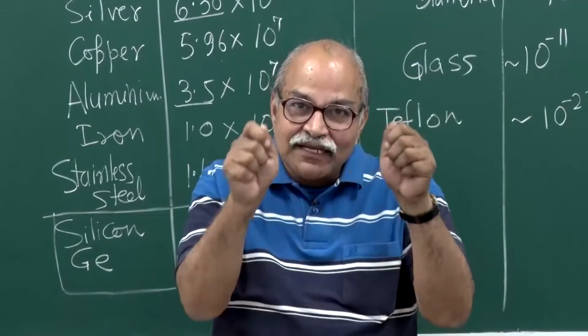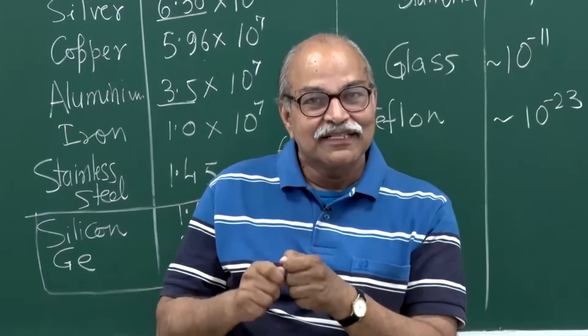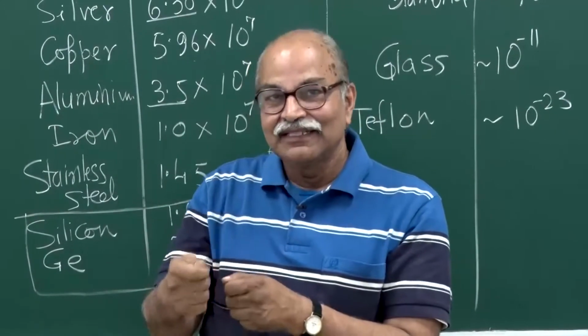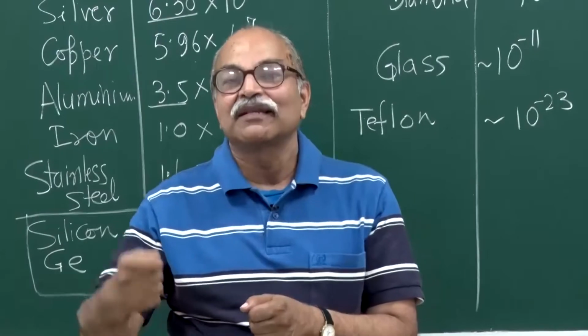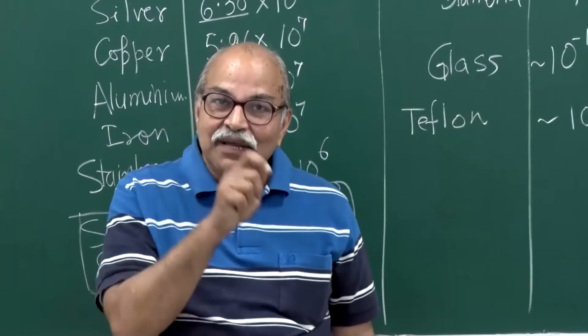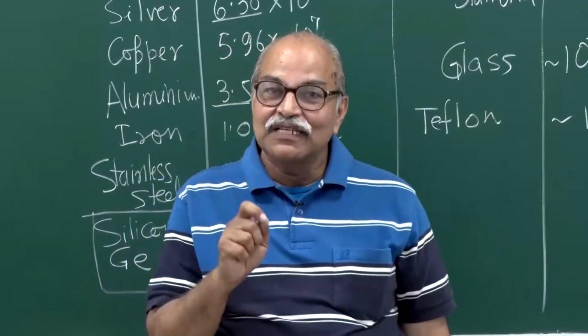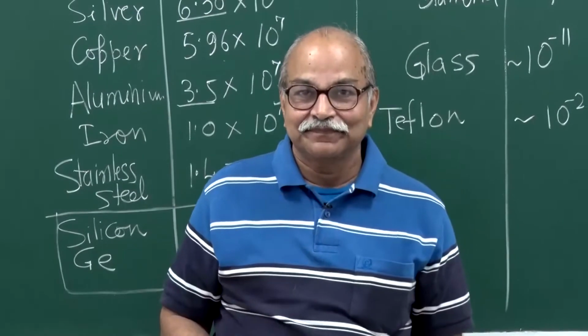Once I know the mechanism, then I will be able to understand what is making conductivity of the order of 10 power 7 or 10 to the power 6 or 10 to the power minus 3 or 10 power minus 11. To understand that mechanism, I have to understand how electrons behave in a solid.